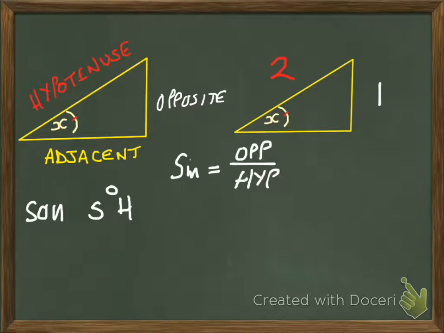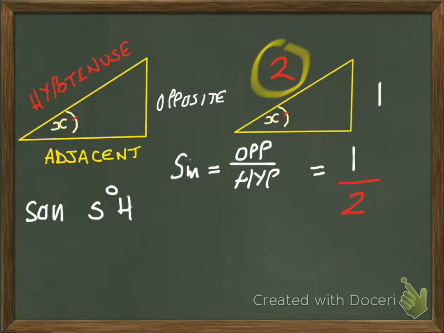So all I have to do now is put in the numbers, and so the opposite, which is here, goes in as 1, and the hypotenuse, which is here, goes in here.